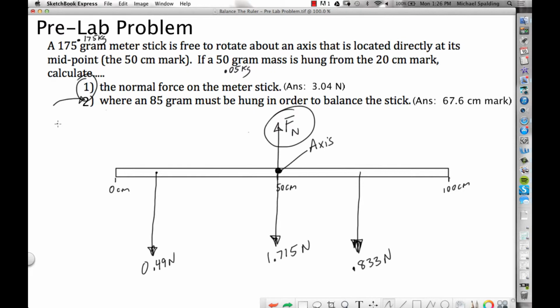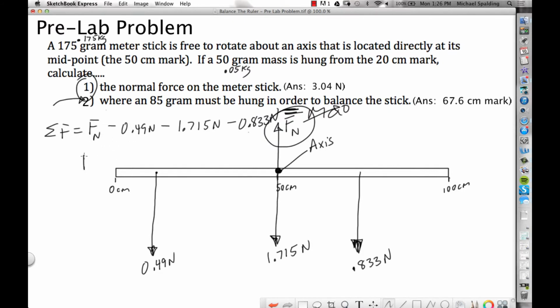We have normal force up minus 0.49 down, minus 1.715 down, minus 0.833 down. The sum of the forces always equals ma, but what's the acceleration of the meter stick? 0, so that equals 0.